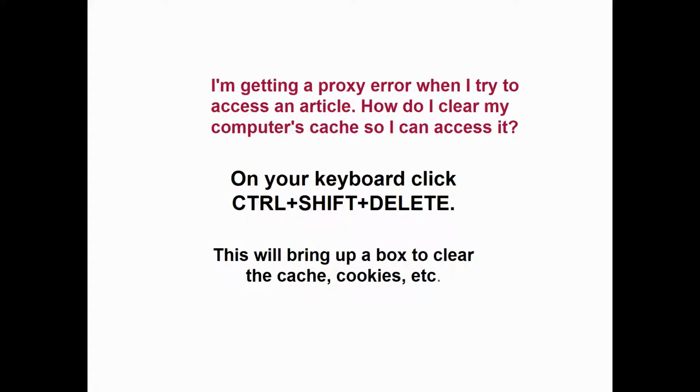This will bring up a box to clear your cache or your history, your cookies, and then click the article again, and you will get access to the article. If you try to download an article and you are asked for a password, then contact the librarian. These articles are free as long as you have entered your CMU global ID and password.